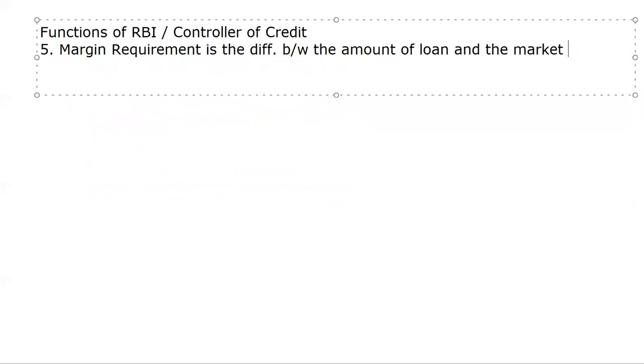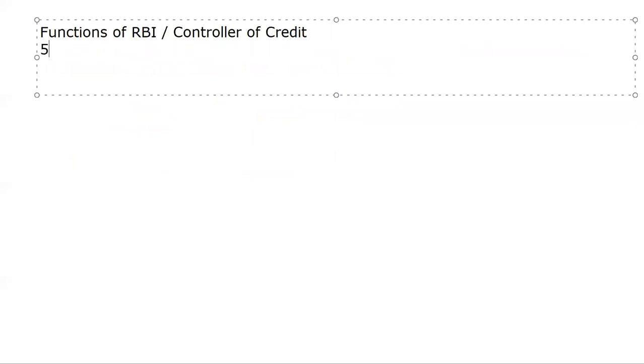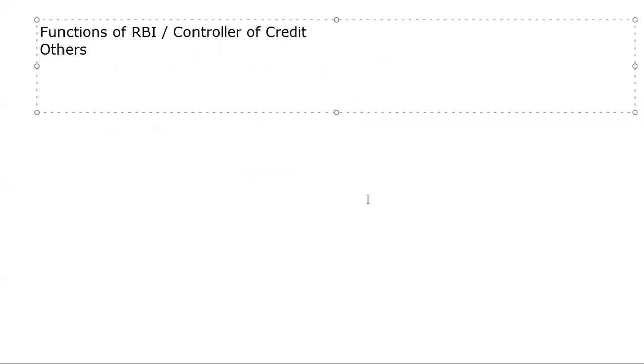In the other methods, moral suasion, others. We'll write it in others.